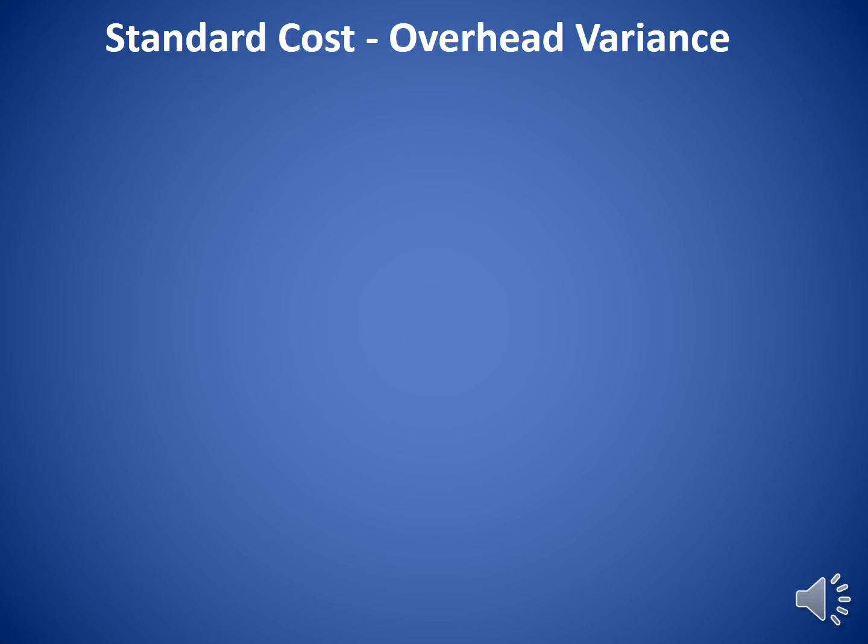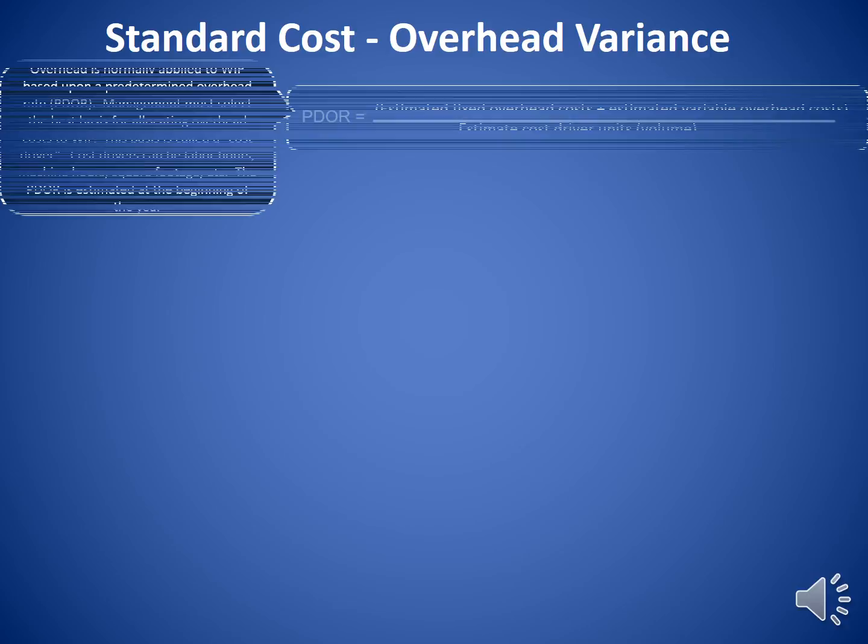However, you can take some type of a good feeling in that probably the portion of the exam devoted to overhead variances will be probably small or de minimis. So let's go with the standard, again, overhead variances.